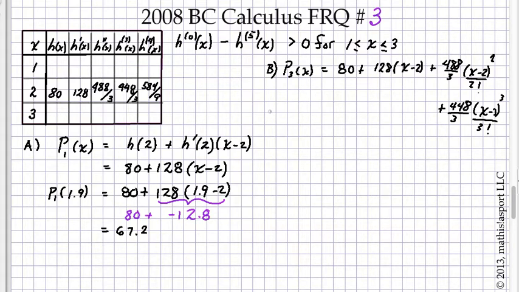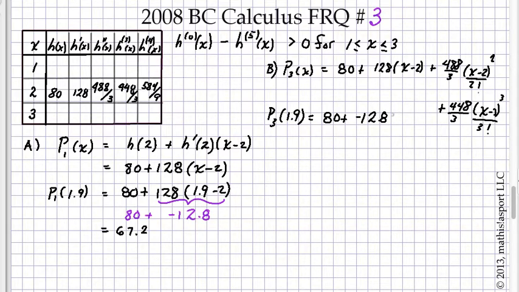When we plug in 1.9 into this, we have 80 plus negative 12.8.